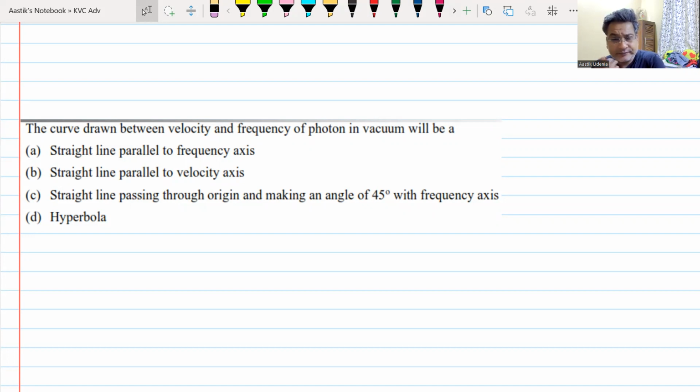What is a photon? Particle which carries energy. Go back.